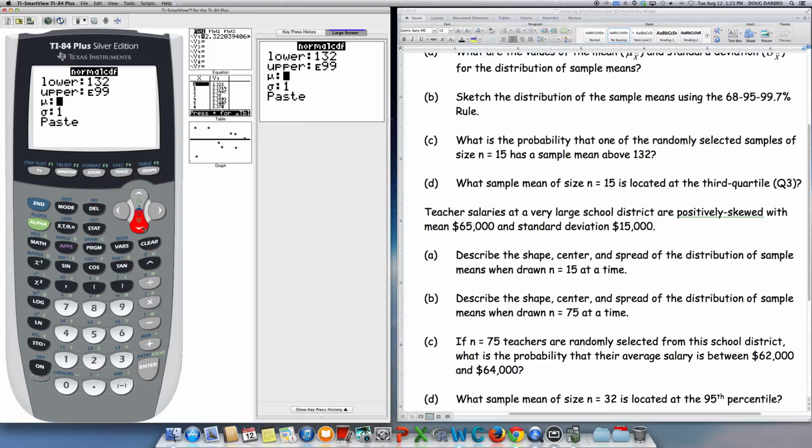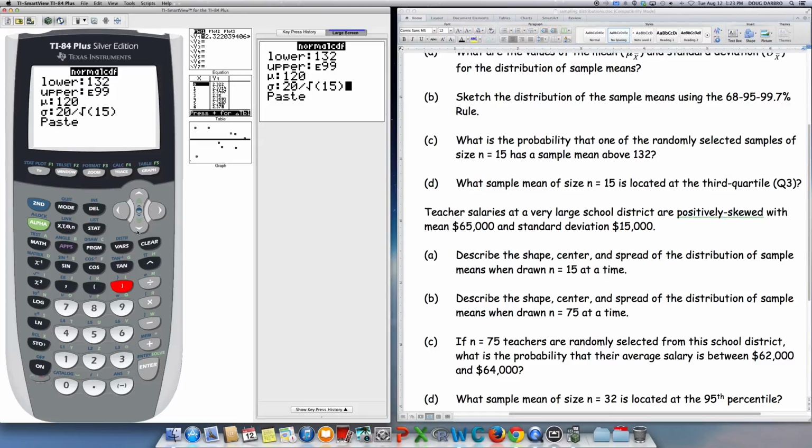My mean is 120. Now students here are going to want to just type in for standard deviation 5.16. Try to impress upon them that you get a better answer if you'll just go ahead and type this in.